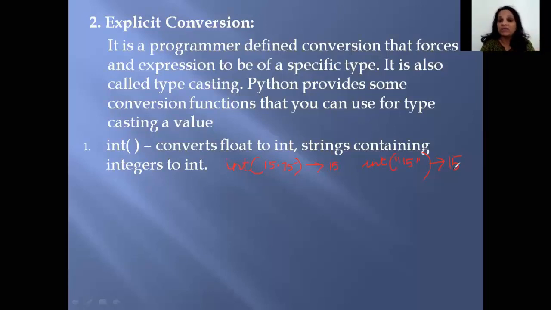So what did the int function do? Takes the data and converts it to an integer. But remember, it should be convertible. You can't take a complex number and convert it to an integer. Neither can you take a string which is saying hello and convert it to an int. The string must contain integers to get it converted. Is that clear?